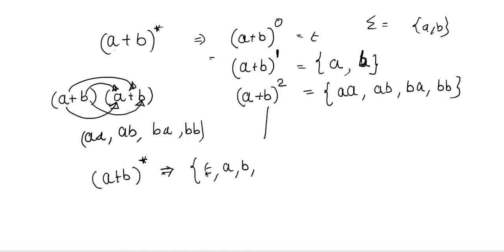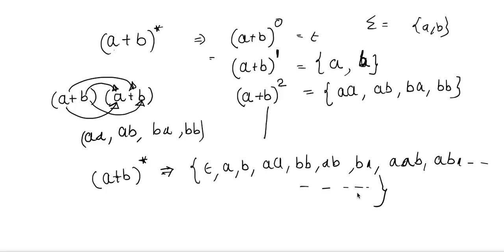Strings of length 0, 1, 2, 3, 4, 5. Got it? aa, ab, ba, bb, aaa, aab, aba, and so on.